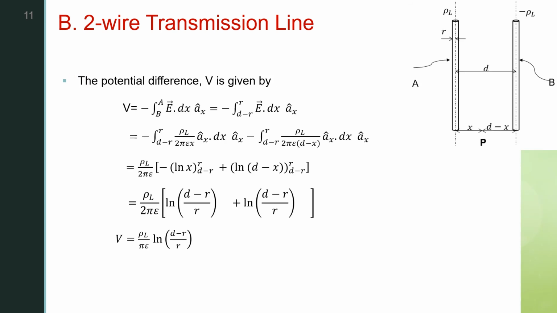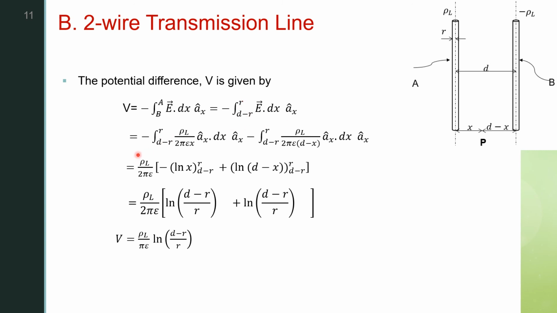The total potential difference V is given by, we have to add up the values, V is equal to minus integral B to A E dot dx ax, that is equal to minus integral from d minus r to r E dot dx ax.